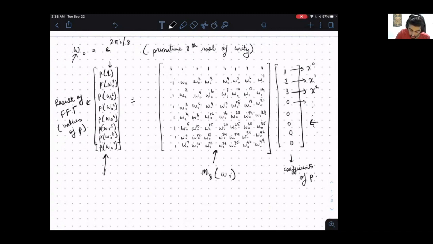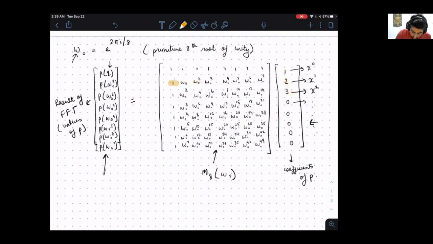So this is 1 times 1, plus 2 times omega naught, plus 3 times omega naught squared, and so on. So hopefully that convinces you that this polynomial reformulation is nothing more than just a compact way of expressing the evaluation of the polynomial at these specific points, which are the roots of unity.